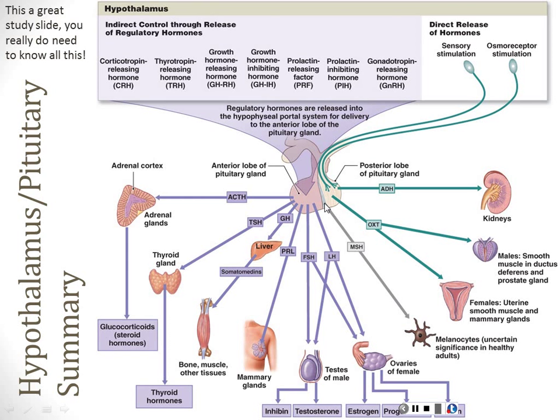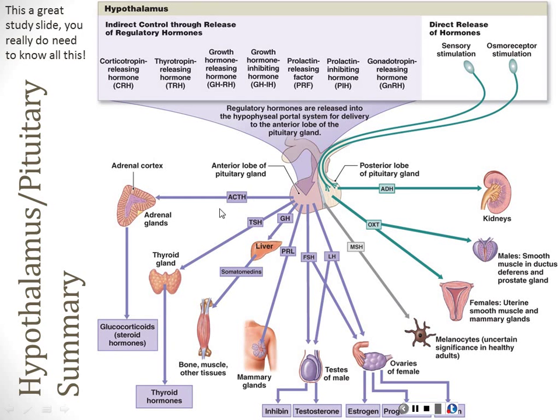It arises from the area between the anterior and posterior. So in humans, like I said, it's present all the time at the same levels, so it doesn't really matter, right? But that's this gray one here. See, it even says uncertain significance in healthy adults because we don't change color like some animals do. All right. So a lot of information in one place, but this is a good review slide.